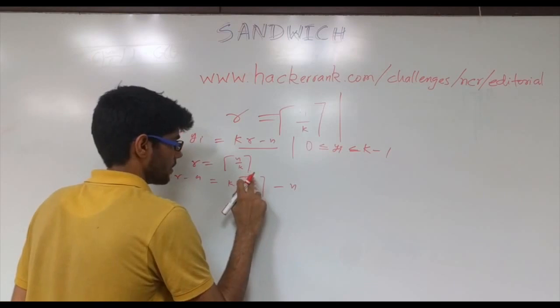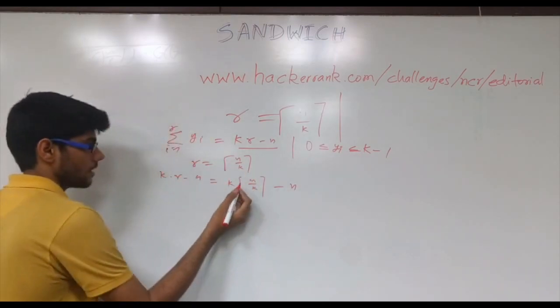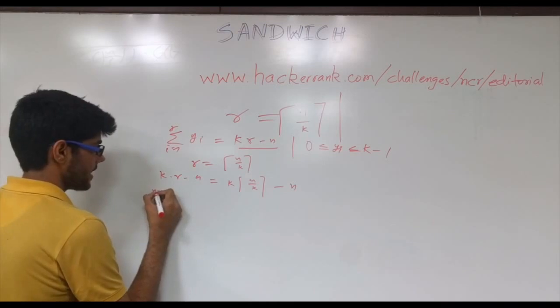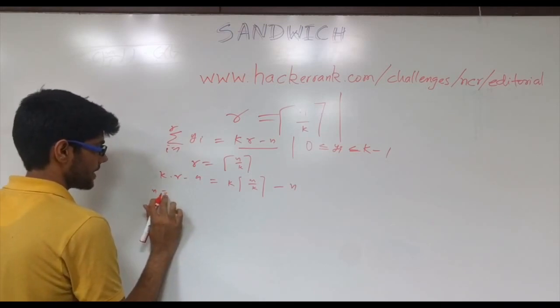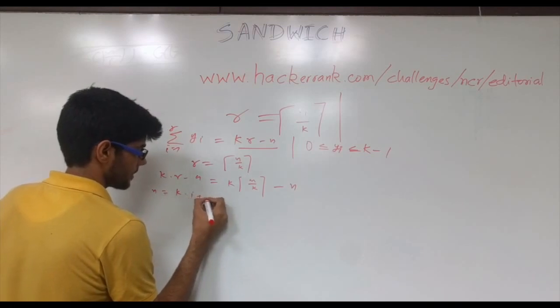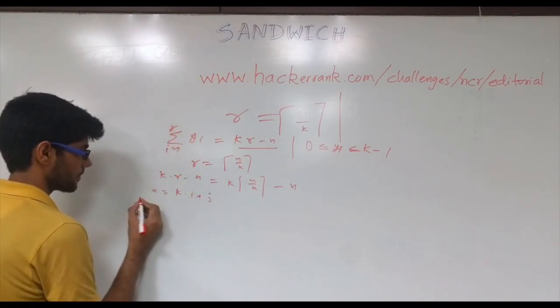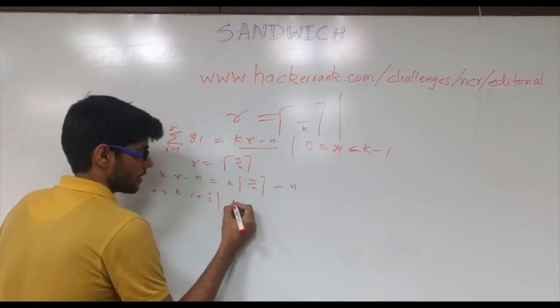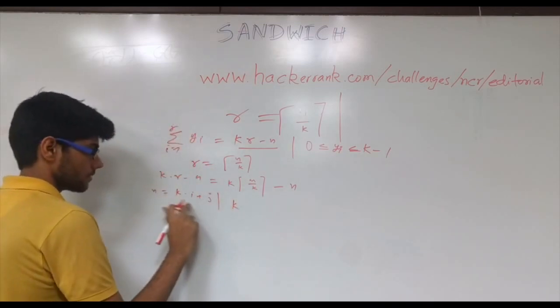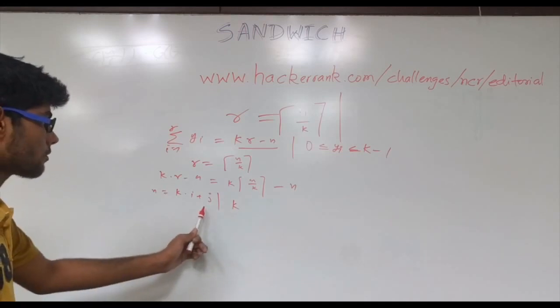Suppose n is equal to k times i plus j. The first case is when j is equal to 0.